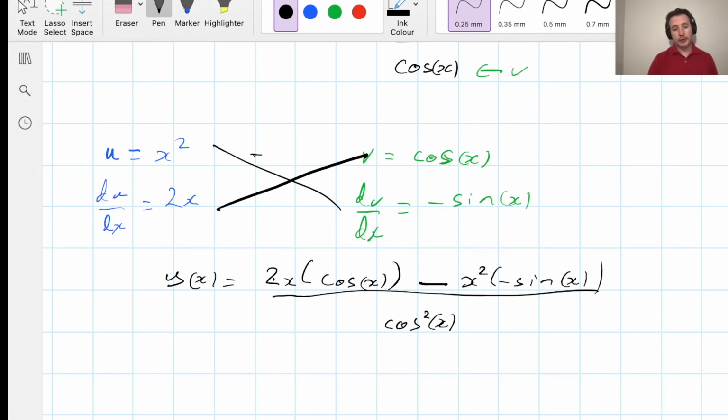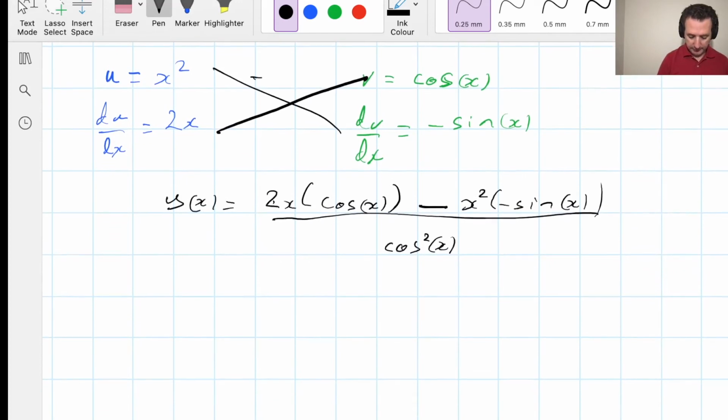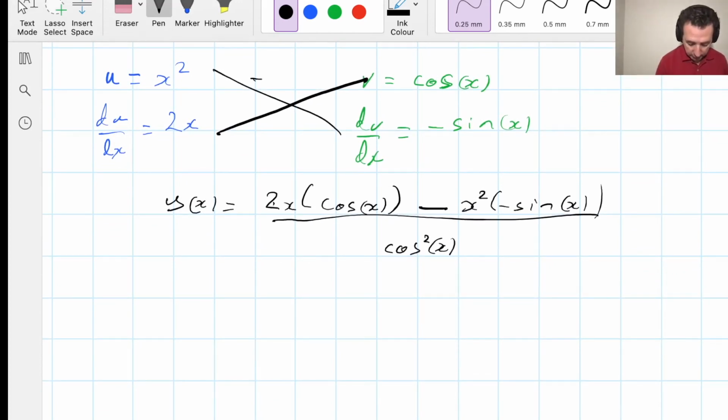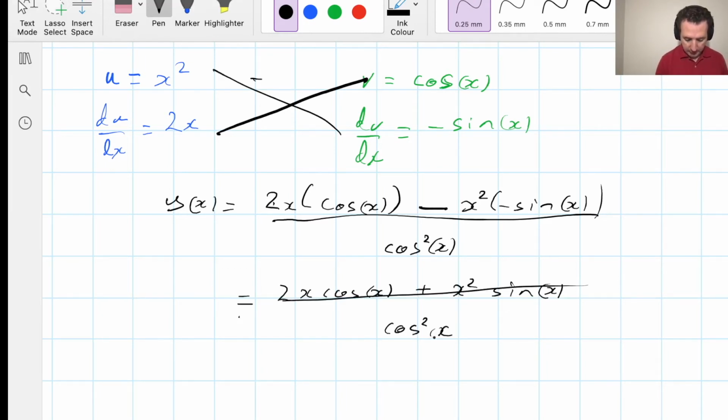Now, of course, we can do it, and I'll illustrate in class ways of doing this, but that's about it. So now you can just tidy it up. So that's equal to 2x cos x plus x squared sine x. I wouldn't clean it up anymore. You could try to do some division up, but that's where I would leave it.